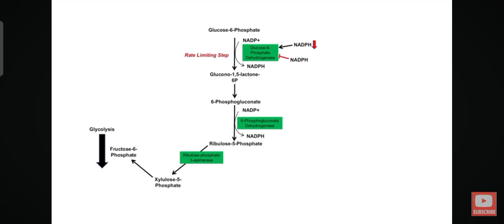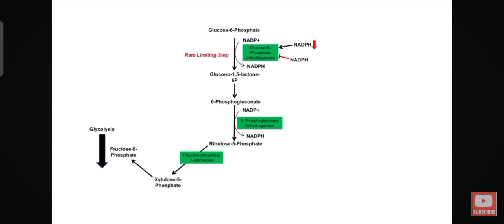So once the cell generates its NADPH, it can redirect its end product back into the glycolysis pathway so that the cell can generate ATP from that substrate. It's incredibly clever how the cell can do this. If it needs NADPH, it can redirect into the pentose phosphate pathway and then back into the glycolysis pathway to get some ATP from it as well.